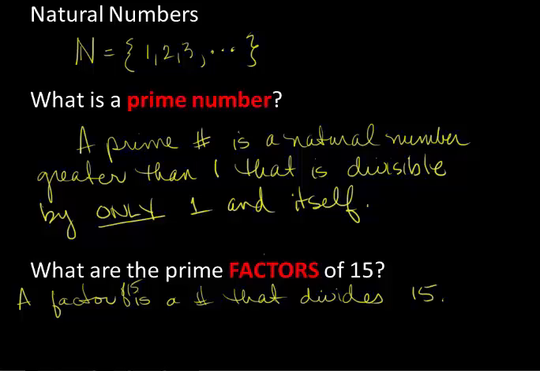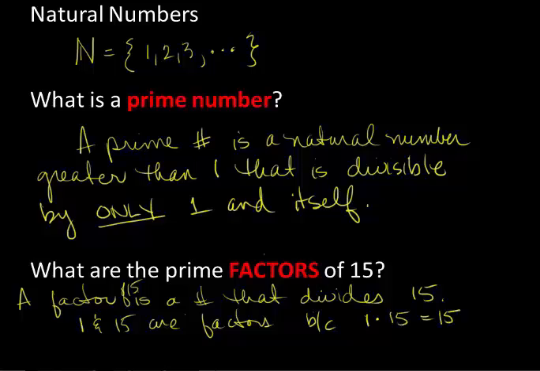A factor is part of a product. So we could say 1 and 15 are factors, because 1 times 15 is equal to 15.